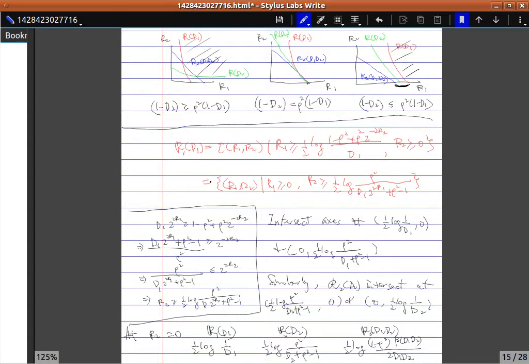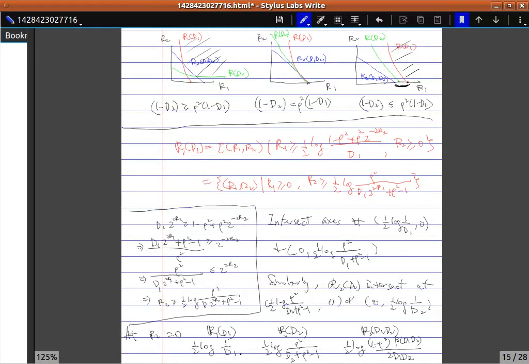These three expressions correspond to r1 at this point here, and also at this point here, and at this point here. So we want to see when this R1 D1 will intersect, will overlap, with this R S D1 D2.